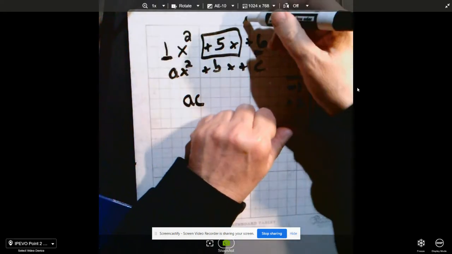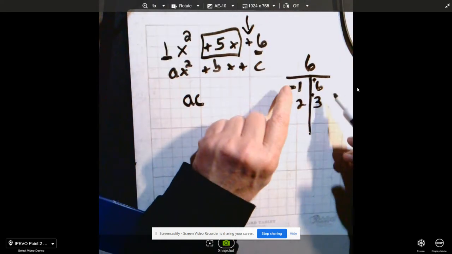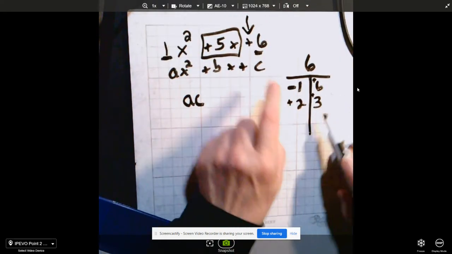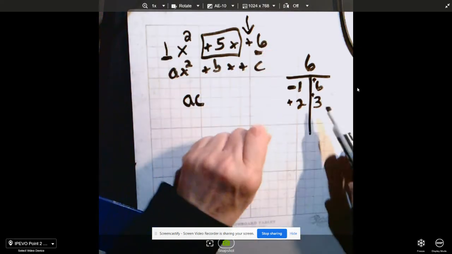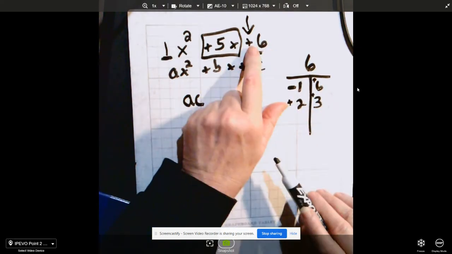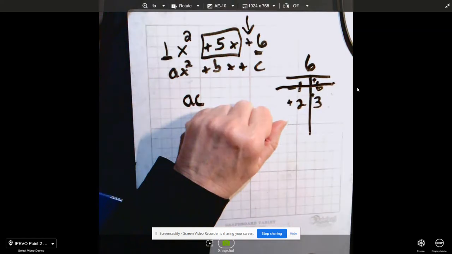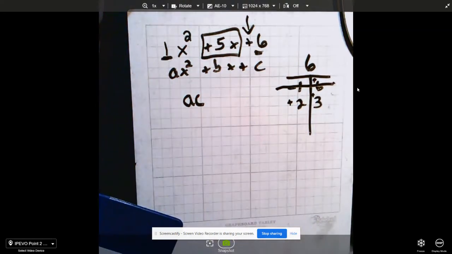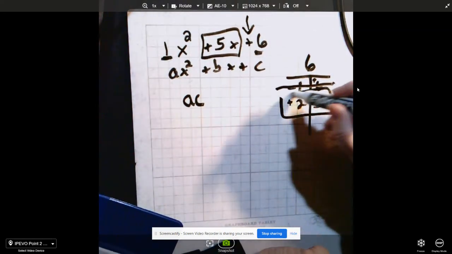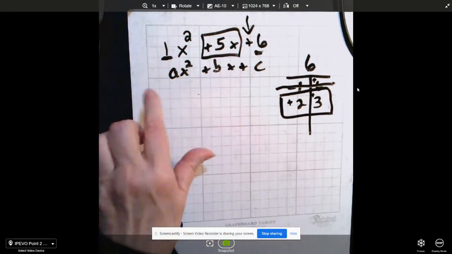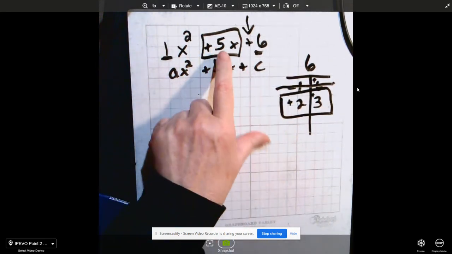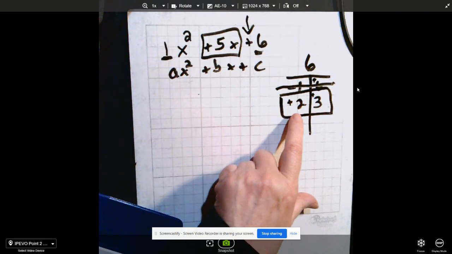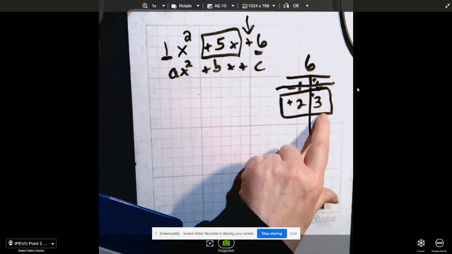So I have to check this sign here. I need to make sure if I multiply these together, I'll still get that last term. Well, -1 times 6 would give me a -6, so that one won't work. 2 times 3 would give me a +6, so this one will work. So now I'm going to write this middle term. Instead of writing it as a 5x, I'm going to write it as a 2x plus a 3x.